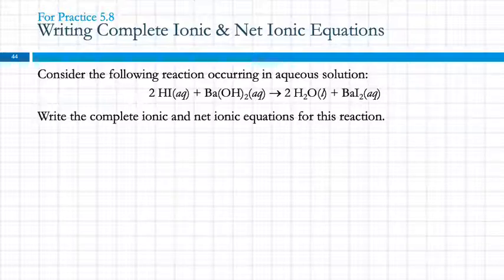We haven't officially covered this yet, but I told you HI is a strong acid. A strong acid is a strong electrolyte, meaning it separates into ions. A weak acid is a weak electrolyte. It only forms a few ions. So I'm going to separate this one and this one. I'm not going to separate the liquid. And I'm going to separate this one.